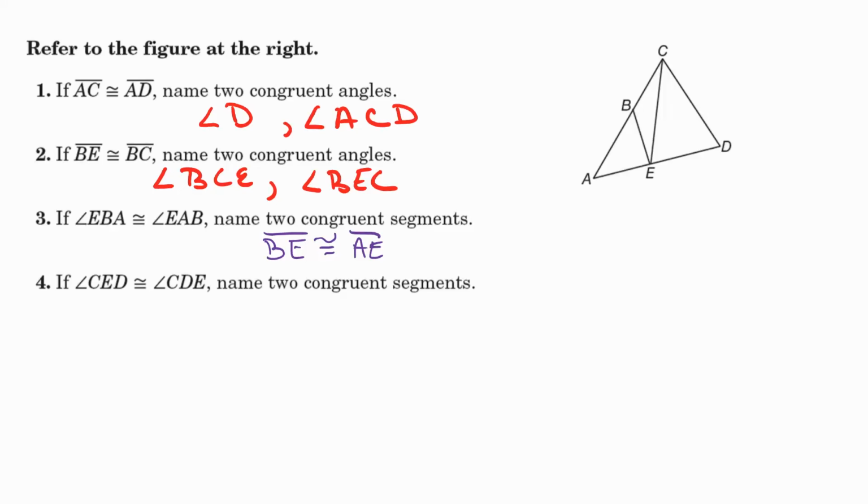If angle CED is congruent to CDE, so these 2 base angles here are congruent, name 2 congruent segments. By the converse of the isosceles triangle theorem, we would have this segment congruent to this segment. So segment CE is congruent to segment CD.